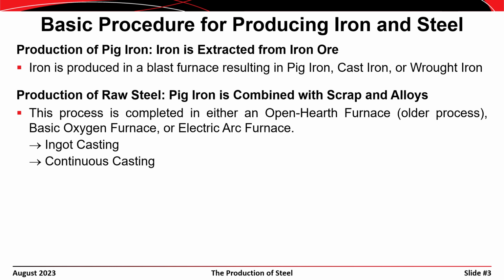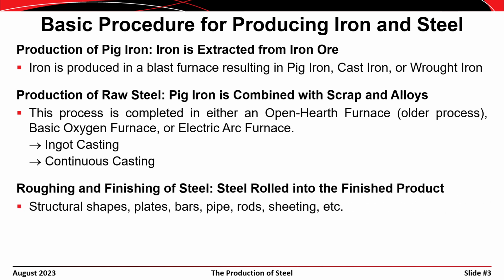And after the heat of steel, after that batch of steel is complete, after it has all the chemicals in it that is needed, then one of two things happens. It's either cast into ingots and then set aside so it could be worked later into the finished product, or it's sent to a continuous casting operation where it is manipulated into its finished products.